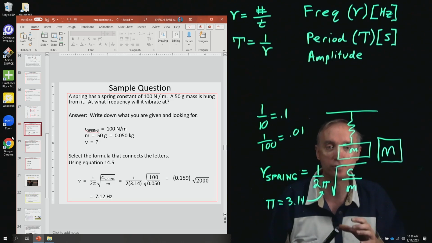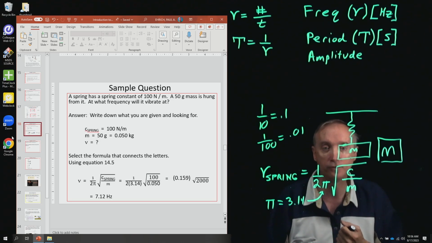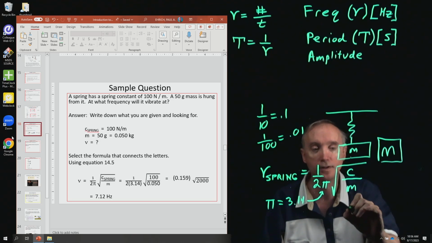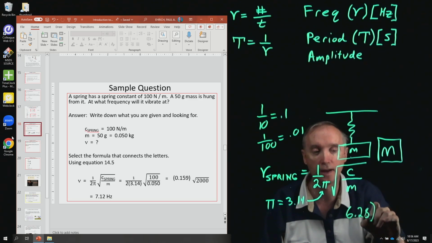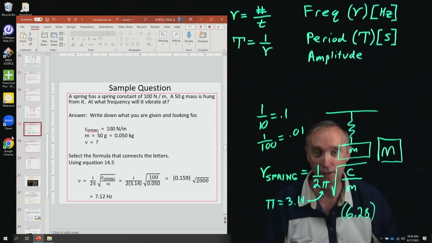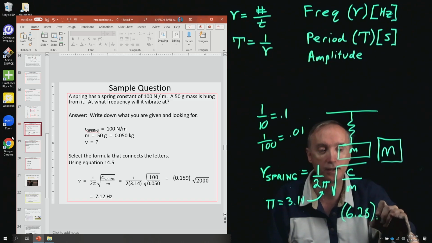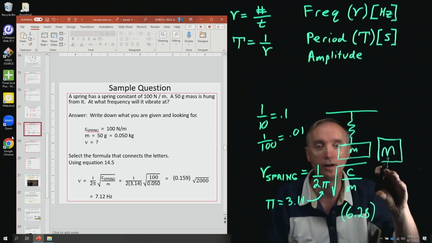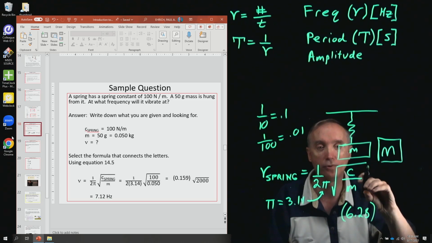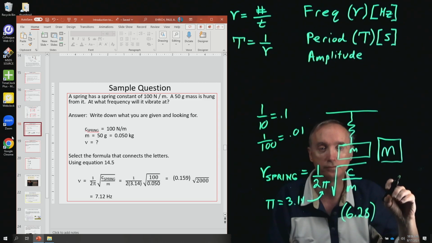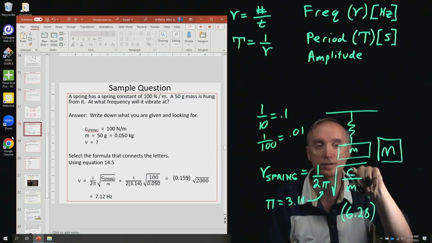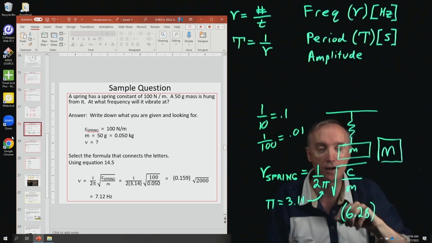So if I take 2 times 3.14, I'm going to get 6.28. Okay, and I'm going to write that down on my piece of paper. Okay, then the next thing is I need to take 100 divided by 0.05.